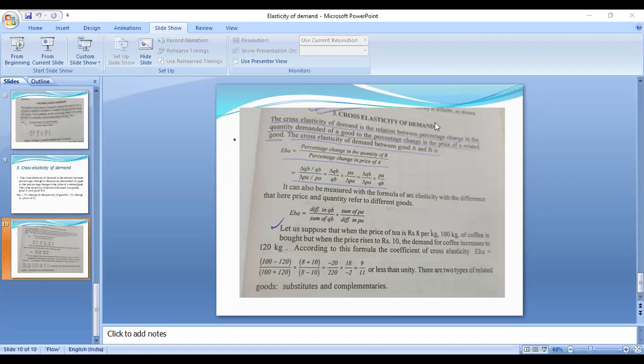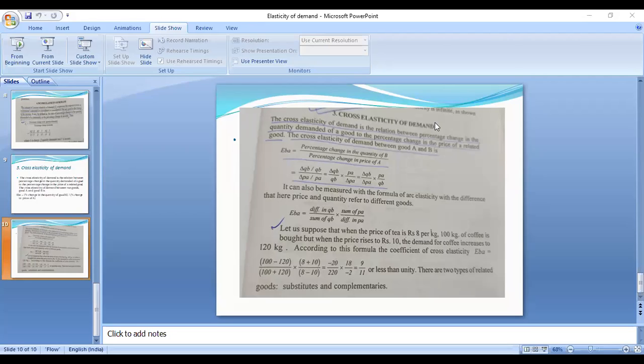Later, A's price changes to 77 rupees and demand remains the same. Calculate the cross elasticity of demand.